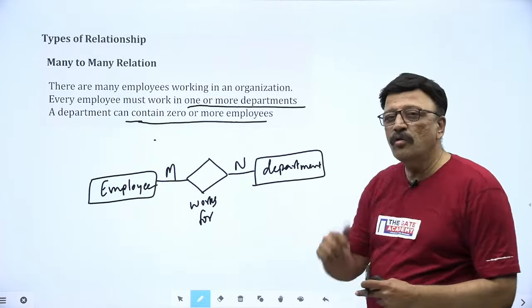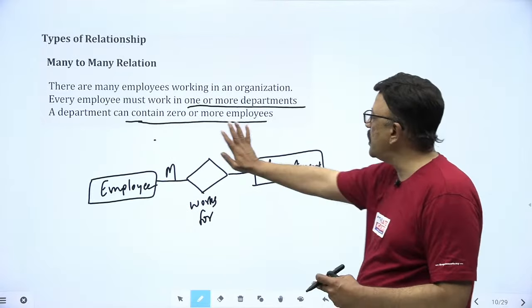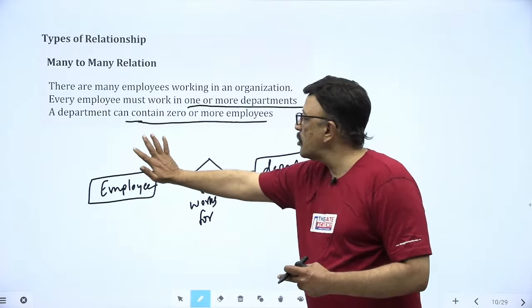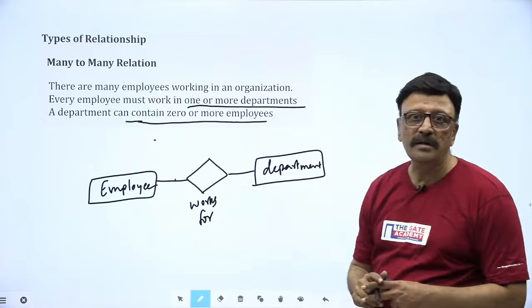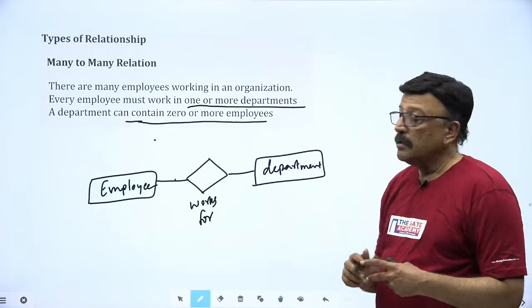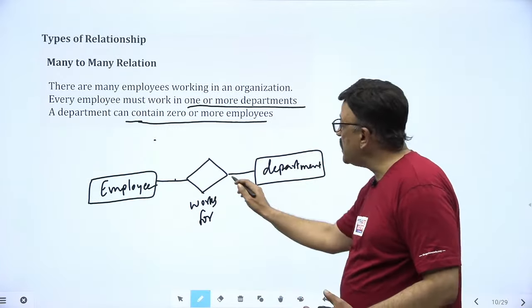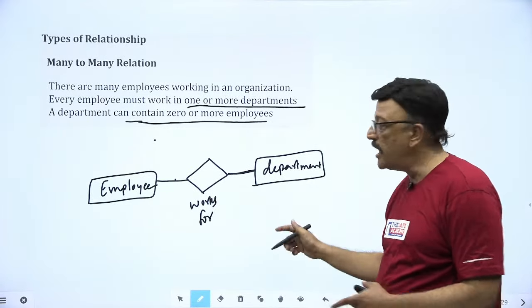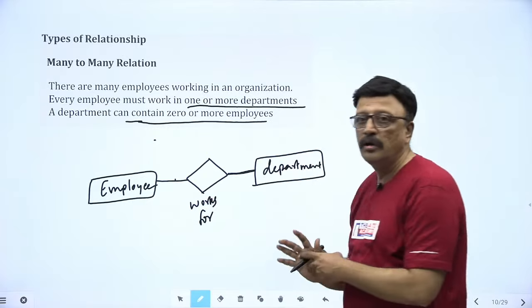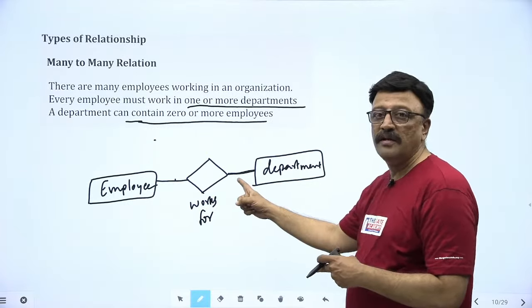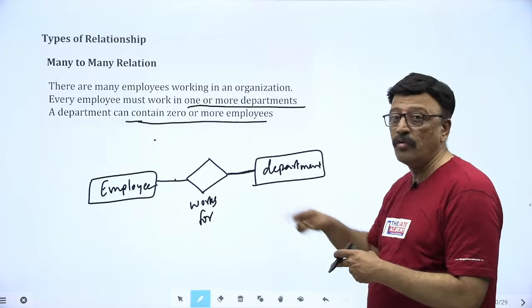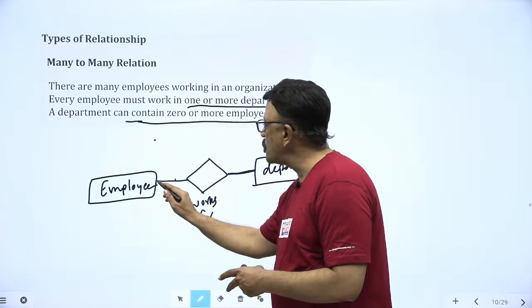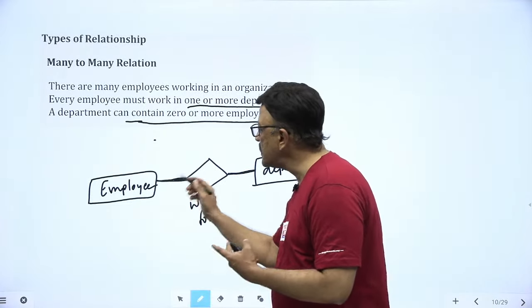What was the other notation I said? This is many to many, one notation. The other notation was not to show any numbers like M and N, but if you see an edge connecting a relation with an entity, and if you don't see any arrow, it means many. This is many because I have not shown an arrow. And here also I am not showing an arrow. That's it. This is many.